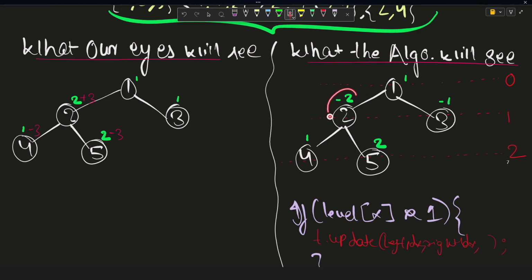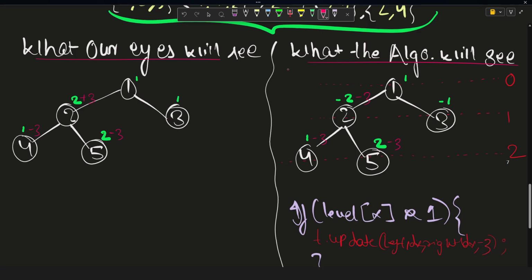If I add -3 here, on the odd level node, I will get this. So in order to do this, I will pass -3 here. When I pass -3, it will add -3 in this whole range, which means it will add -3 in this node also and in this node also.